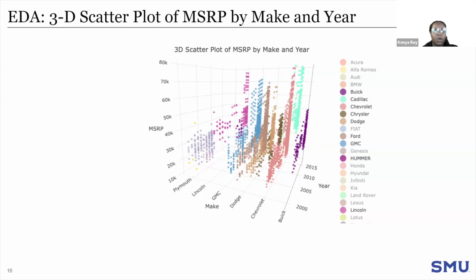Looking at the 3D scatter plot for make and year, you can see that with the makes and with the passage of time, the MSRP rises. And for a little bit of explanation as to what's going on with the legend on the side, all of the makes are included here, but there are over 35 makes that were included in the data set.